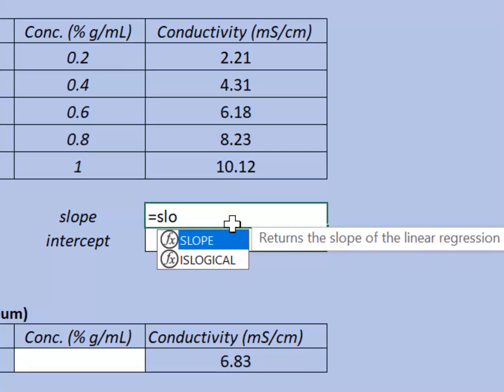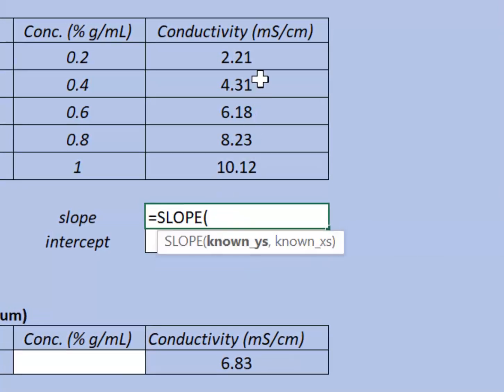First, to calculate the all-important slope and intercept parameters.